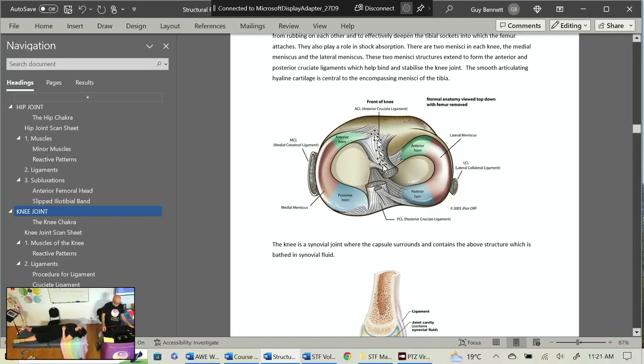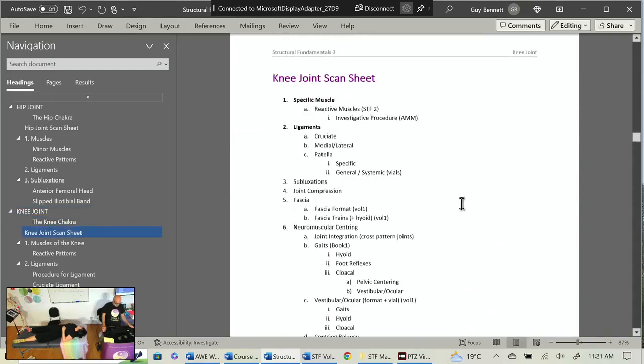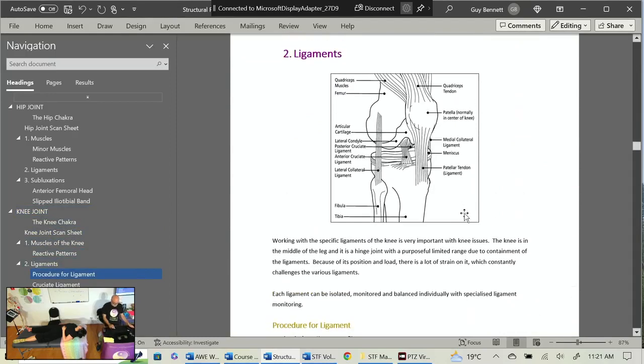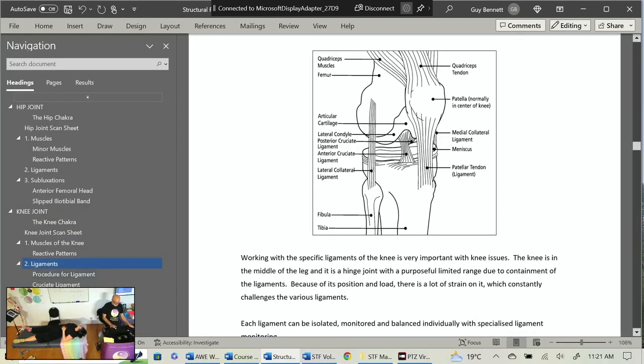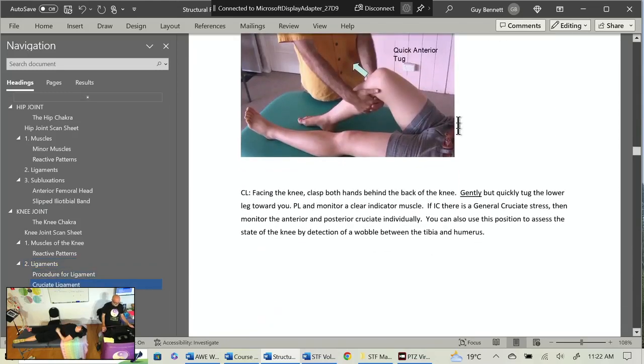There's the anterior cruciate, the posterior cruciate, the medial and the lateral ligaments. And if we come down here, this is a nice little diagram of the ligaments. So that's the lateral, that's the patella, that's the anterior cruciate, and at the back, that's the posterior cruciate, and on the side you'll have the medial ligament. And they basically hold the knee together.